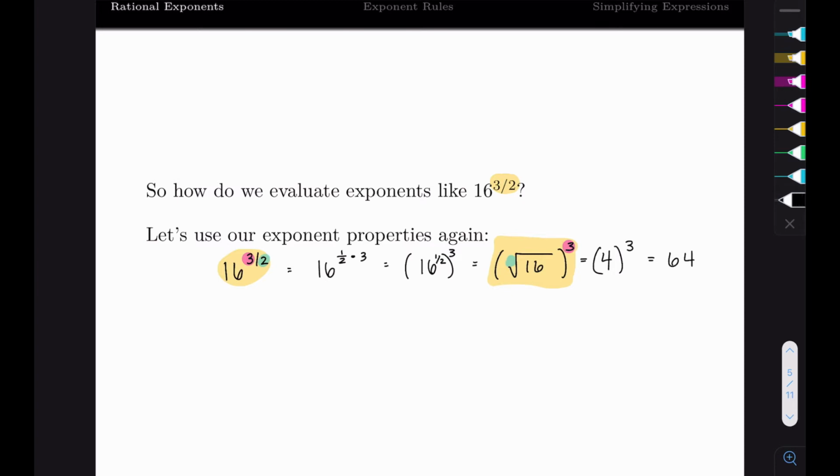We could have also done this a slightly different way. So at this step, what we also could have done is said this is 16 to the 3rd to the 1/2. So we'd take 16 to the 3rd and then take the square root. Either one is perfectly fine, but this is definitely a more cumbersome number to go through, which is why I dealt with the radical first.